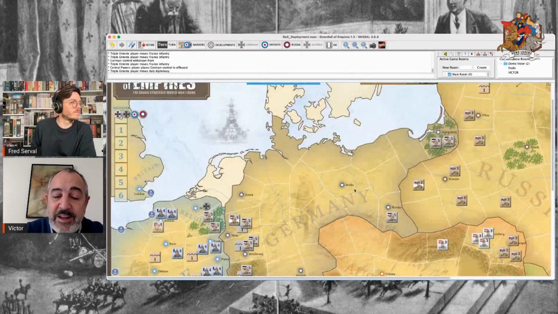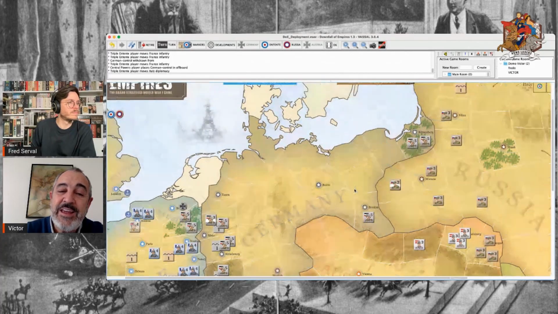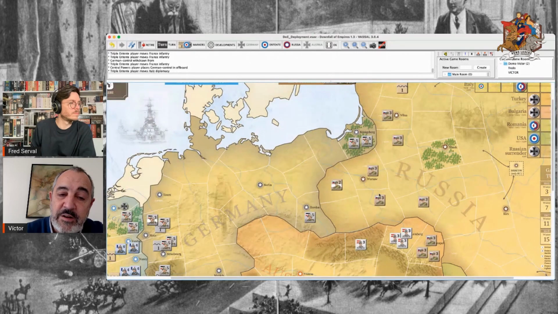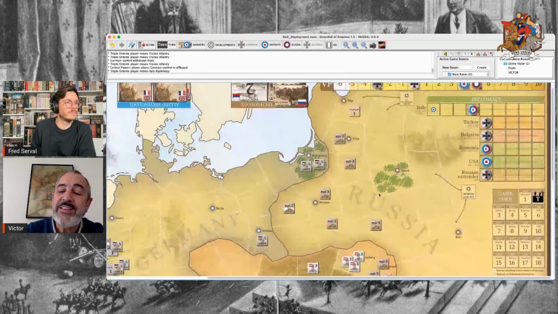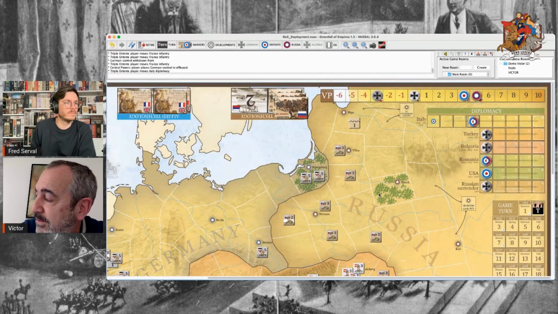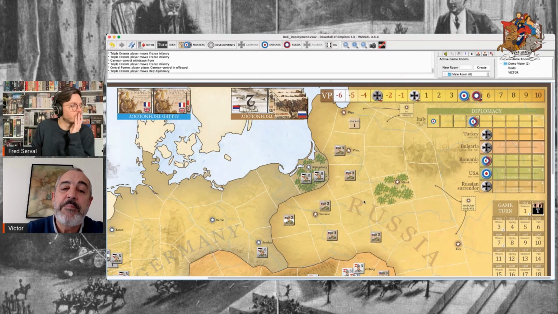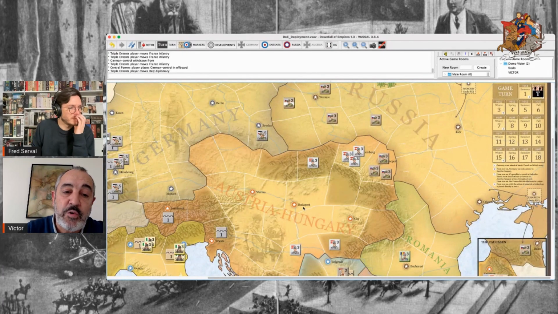The advantage that I have: I put in another special rule that if the Germans control Brussels, they have one step more in the recruitment of the winter turns. That special rule is not necessary for the game, but I thought it was better because the Germans tend to make the historical attacks on Brussels and Amiens.